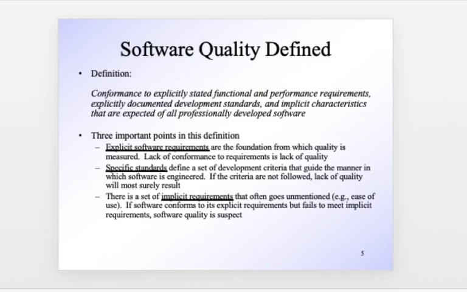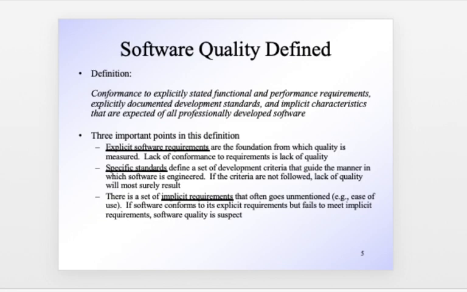The first is explicit software requirements, which are obviously the foundation from which quality is measured. So, lack of conformance to requirements is obviously lack of quality. The second one is specific standards. Specific standards define a set of development criteria that guide the manner in which the software is engineered.